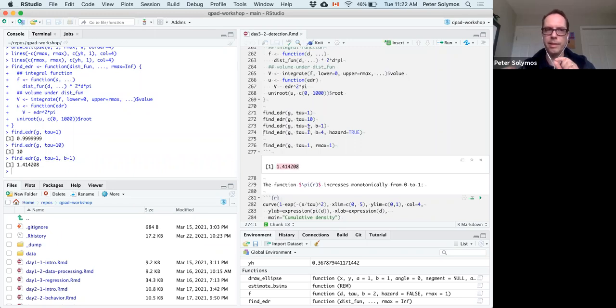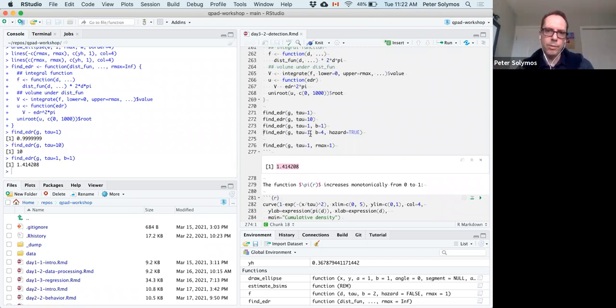So that's why there's not a really nice link between the parameter of the distance function versus EDR itself. You need some kind of formula or a numerical integration to get to this quantity. It is not impossible, but it takes more effort. So it's 1.4 because the initial curve is going down faster.